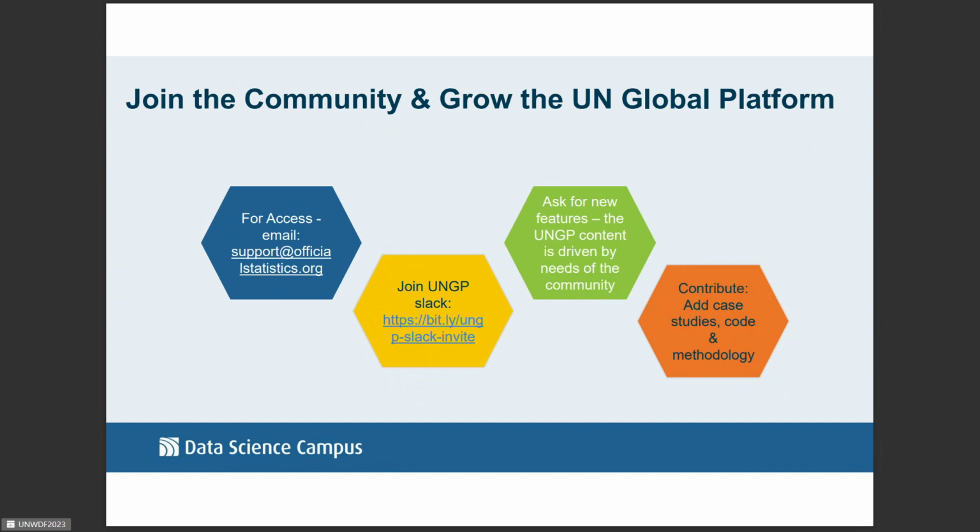So if you want something on this platform, then please do think about asking for it. And also, if you have something to contribute, please do think about getting it onto the platform for sharing. And of course, just use that email address that's on the left there, the support@officialstatistics.org. Okay, next slide, please.